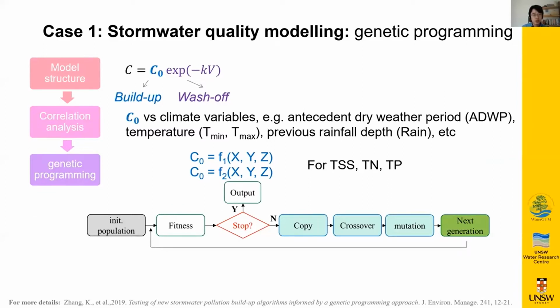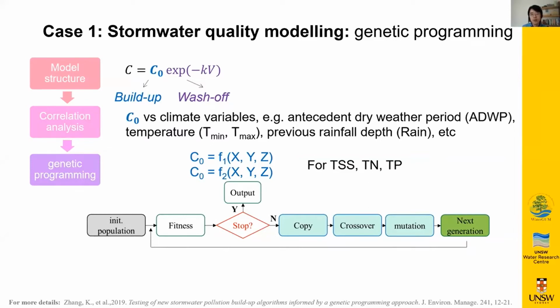We use genetic programming, which first generates a list of populations. We call it the initial population, which is a list of different algorithms that are randomly generated. Then we check the fitness of the algorithms to our data, and if the fitness is good, then we can output the result. But often the first round doesn't meet the fitness requirements.